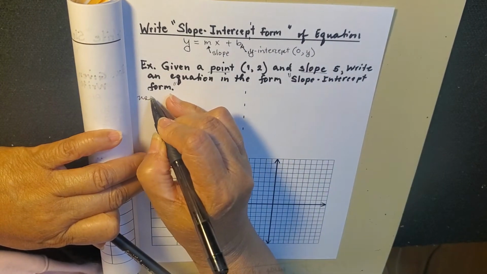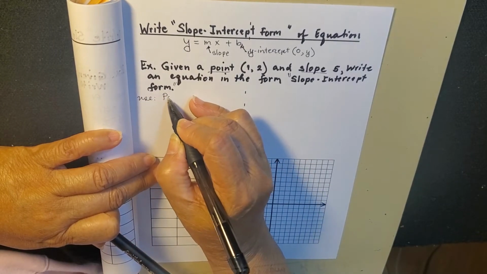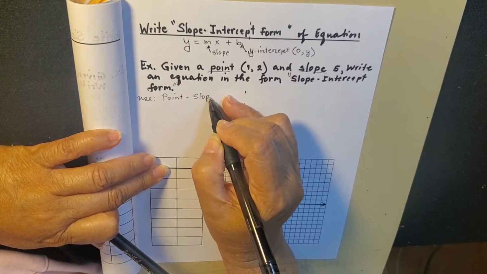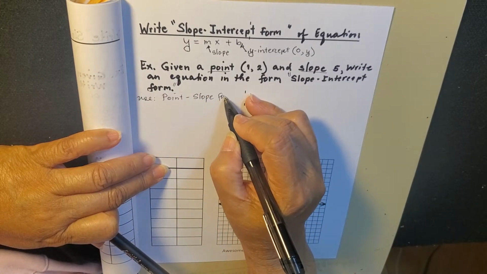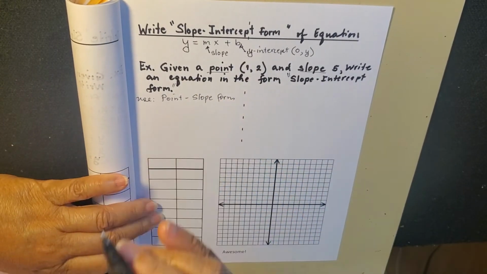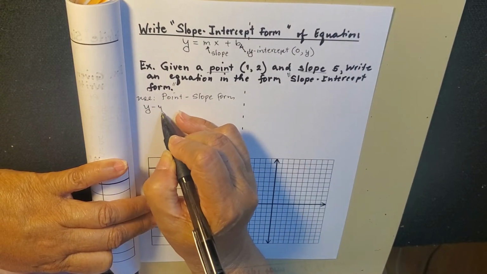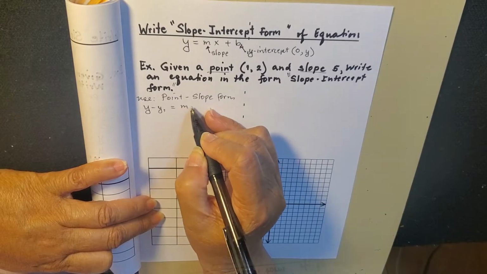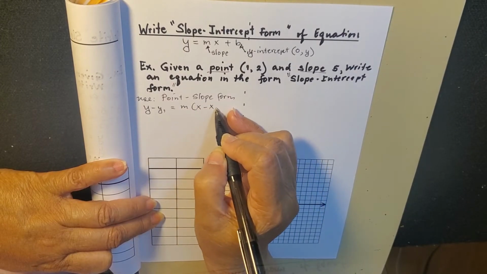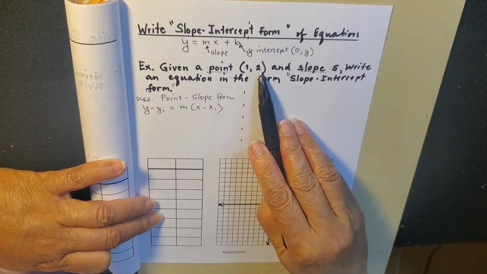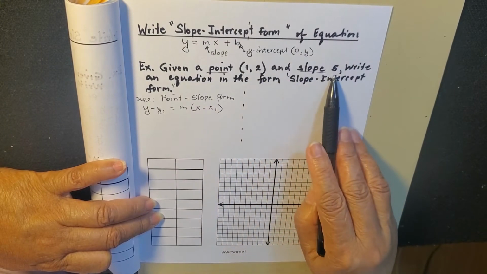So I will begin with point-slope form. In our previous lesson, the formula is y minus y1 equals m times (x minus x1). So we know 1 is x1, 2 is y1, and m is 5.